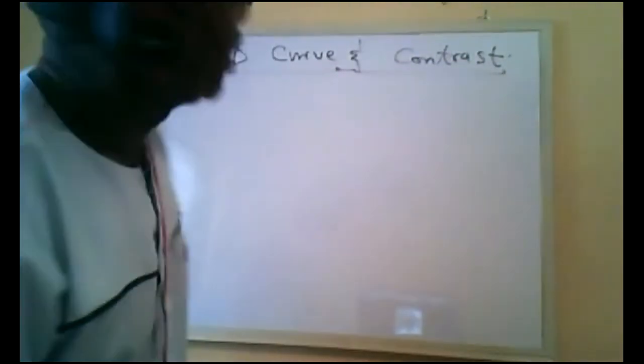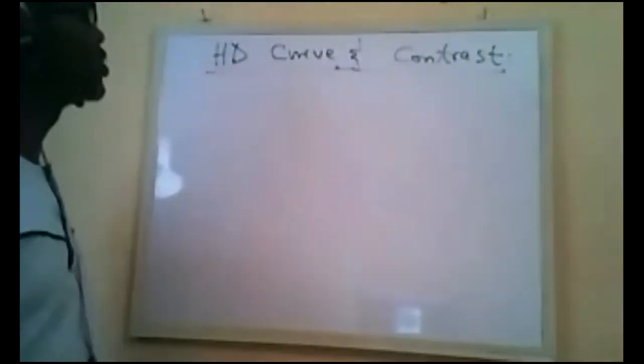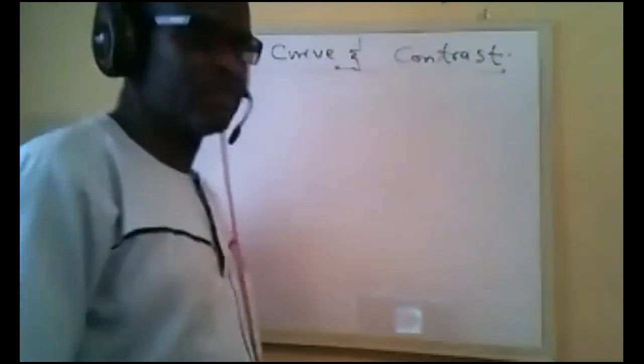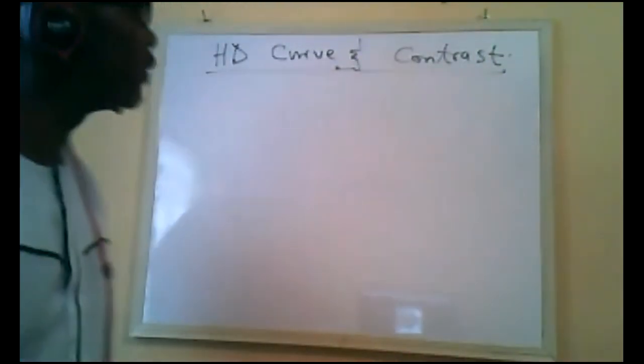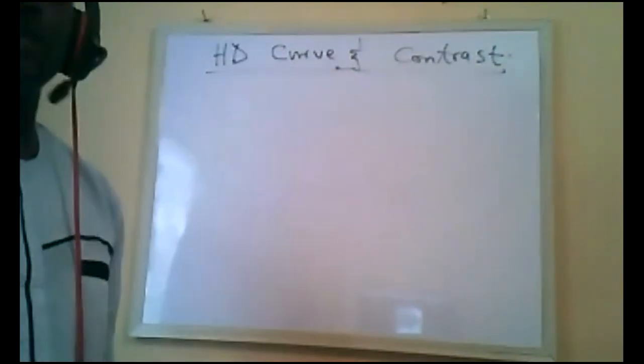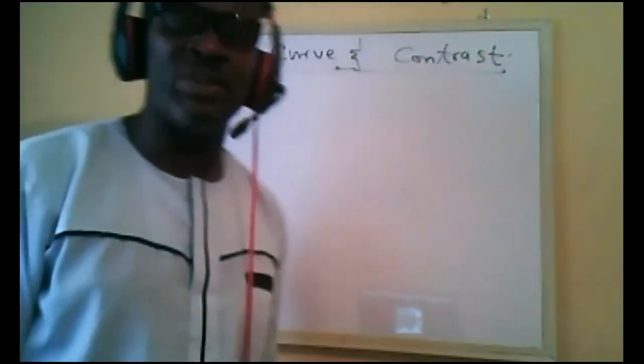Okay. We're trying to see another point we need to consider when we use the HD curve in explaining the contrast. We have seen that the contrast of an HD curve is simply the gradient of that curve.